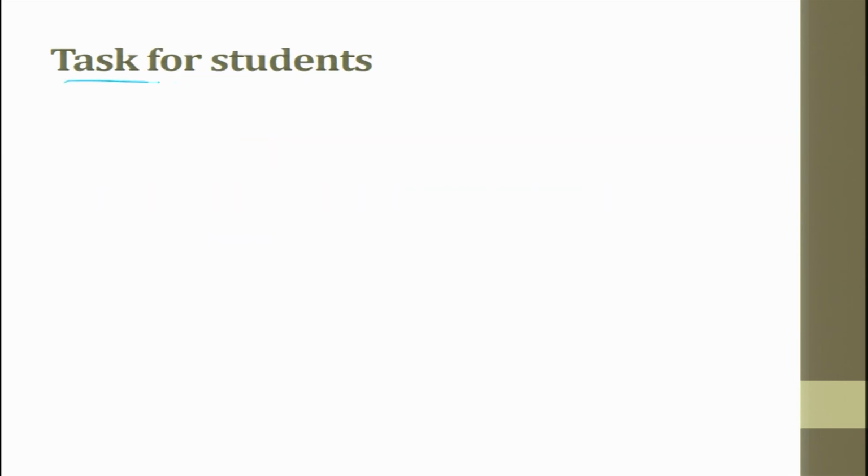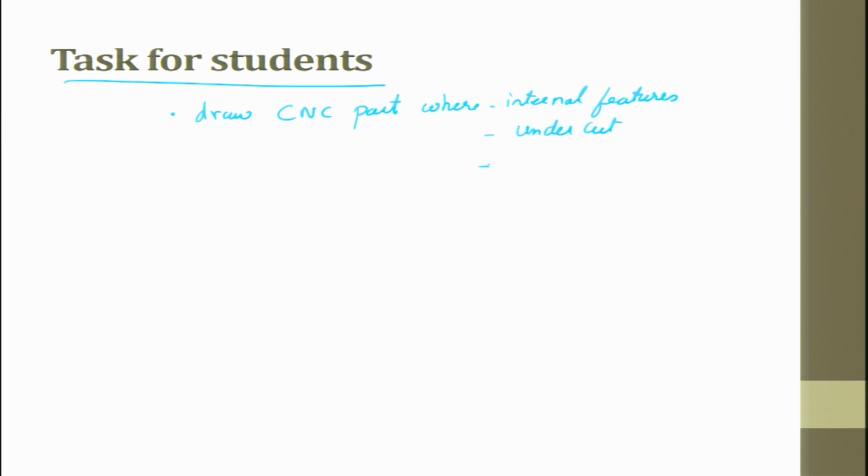So, task for students, you will try to make or draw a CNC part, okay, where internal features, undercut, deep machining are involved. Do not try to copy the cup example. Think and do some other example where the depth is not as deep as the cup whatever we have shown.